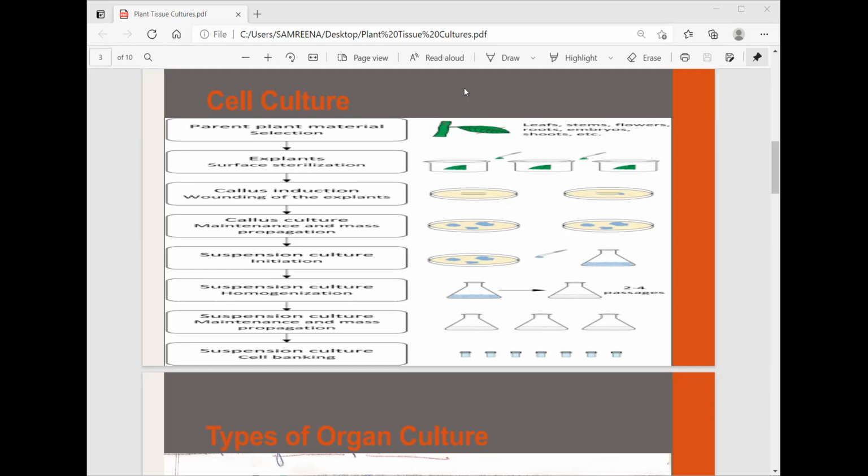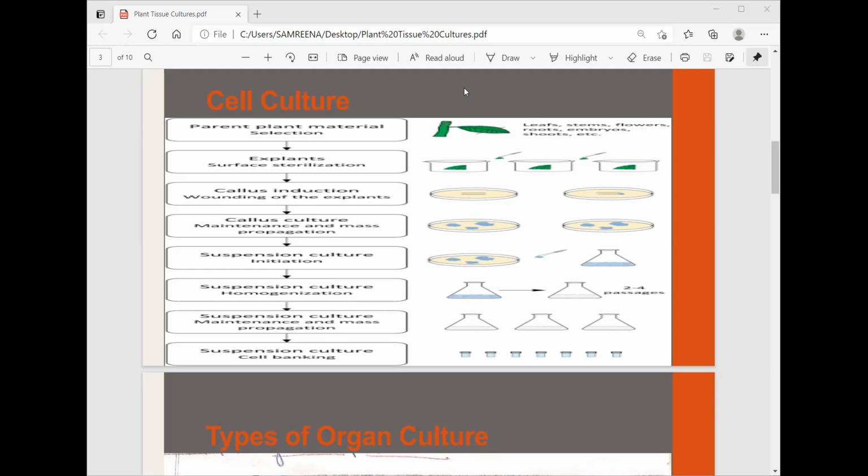These can be used as a drug in medicines, in pharmacy, in many industries, like the food industry, cosmetic industry, brewing industries, and many more applications.